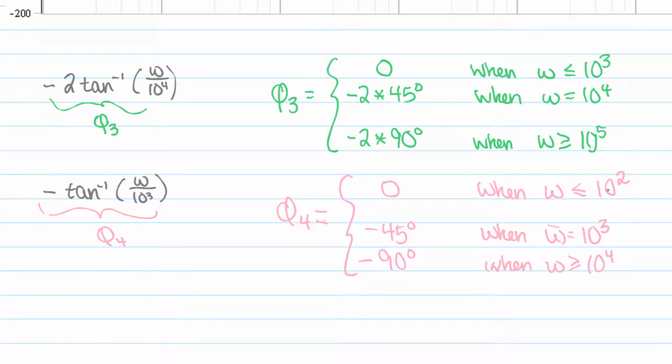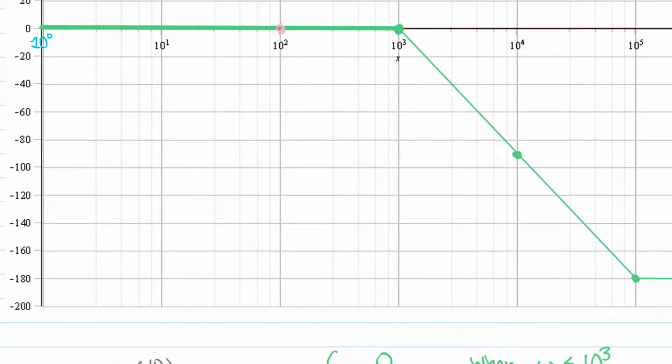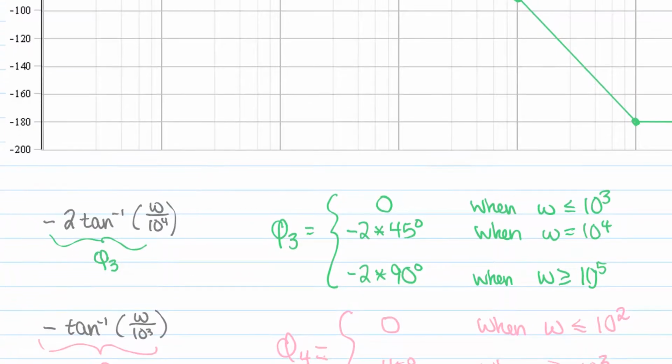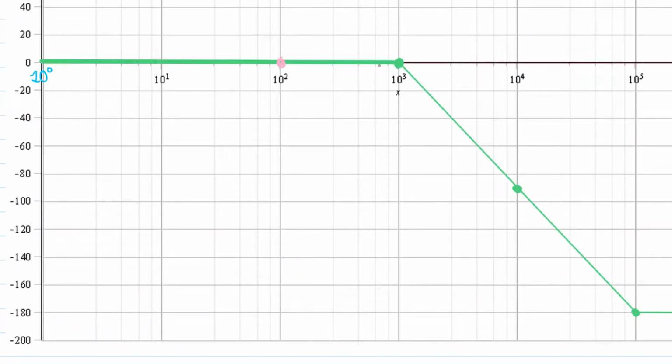It's 0 at 10 squared, and everything below, but I'll take care of that in a minute. It's at negative 45 at 10 cubed. So here's 10. There would be negative 50, negative 45.